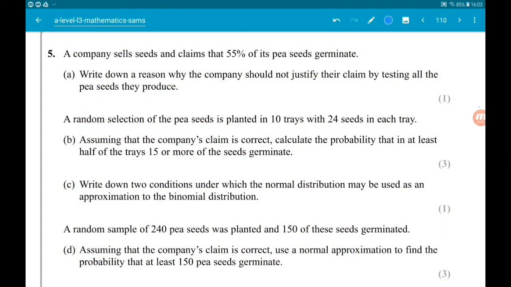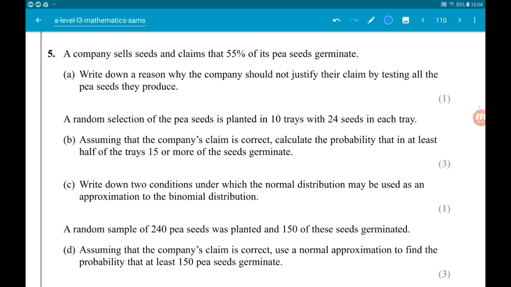Okay, number 5, the final stats question, thankfully, because mechanics is a lot funner. So a company sells seeds and claims that 55% of its pea seeds germinate. Part A wants us to write down a reason why the company should not justify their claim by testing all the seeds that they produce.